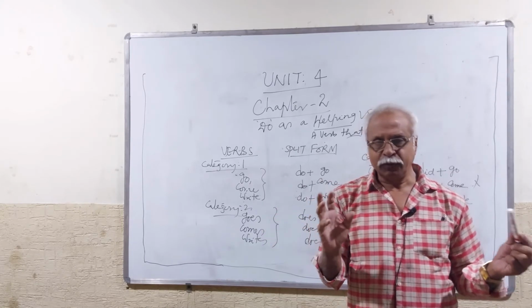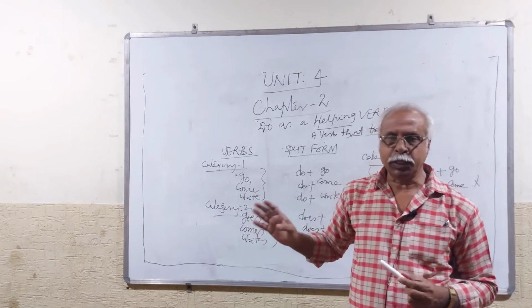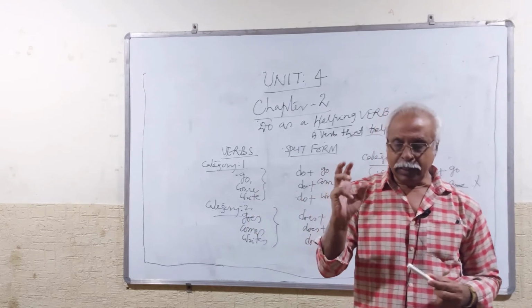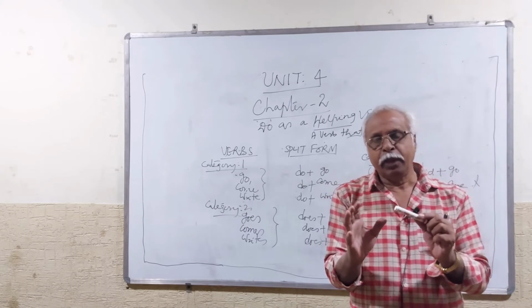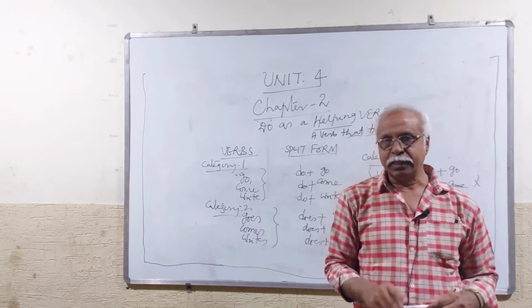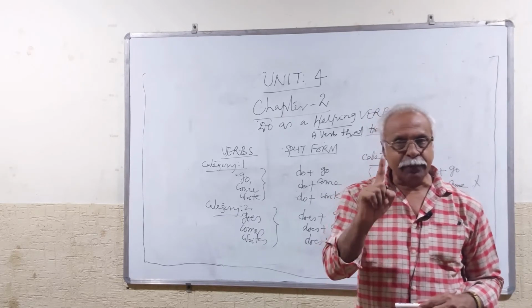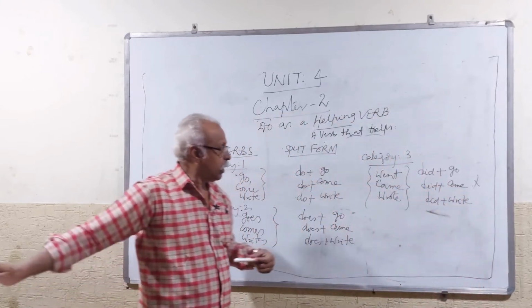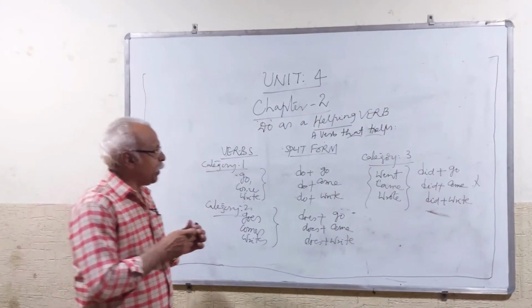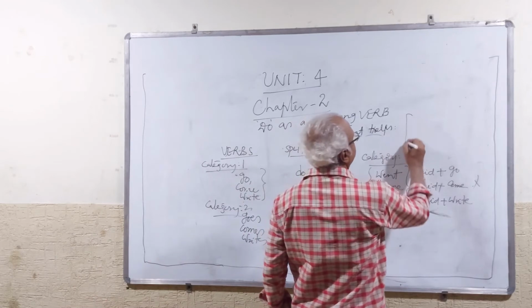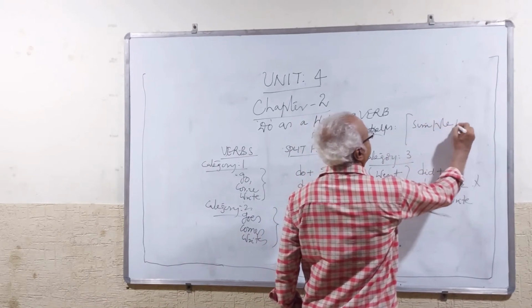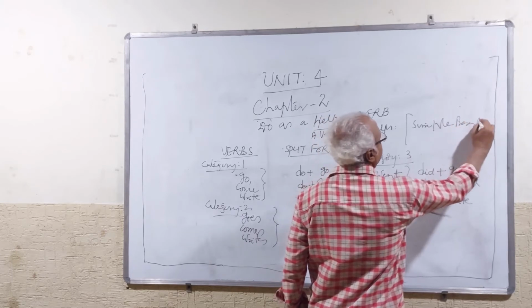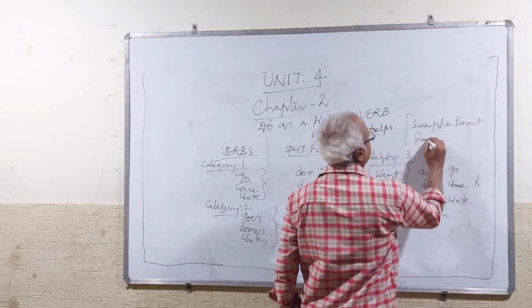Using do, does, did in sentences to make negatives and interrogatives is limited to only 2 tenses. They are simple present tense and simple past tense.